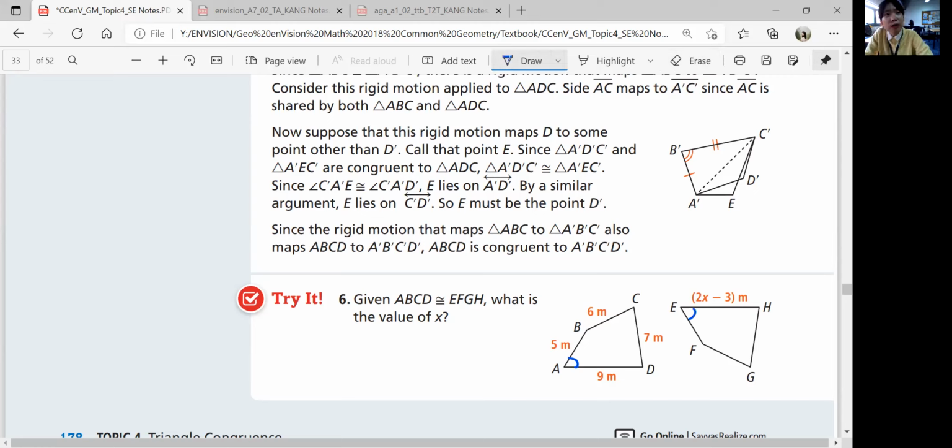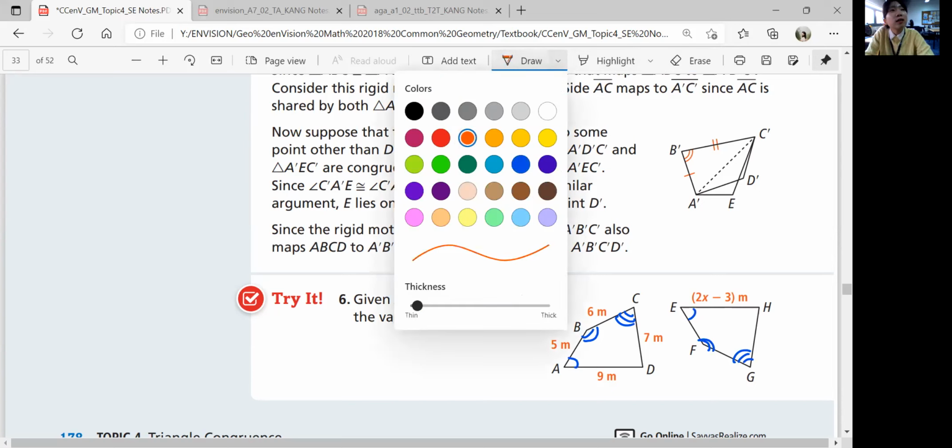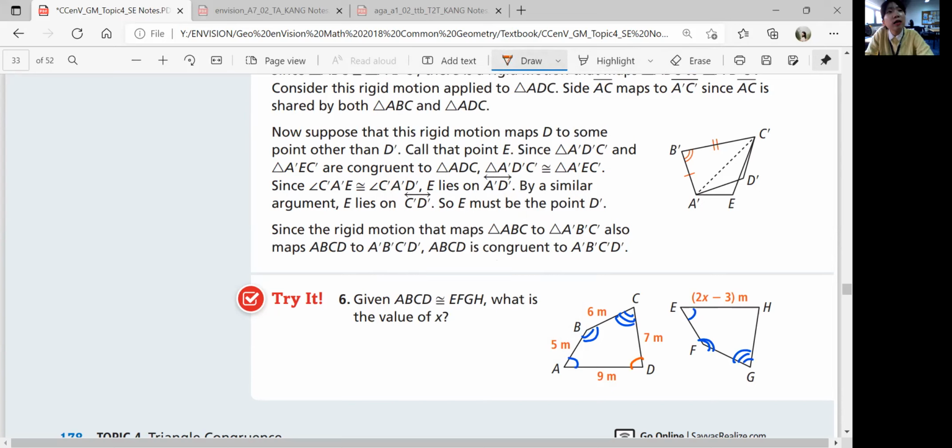A and E are congruent, okay? B and F are congruent. C and G are congruent. And D, okay, let's use another color. D and H are congruent, okay?